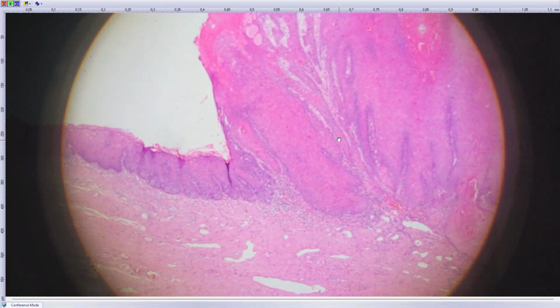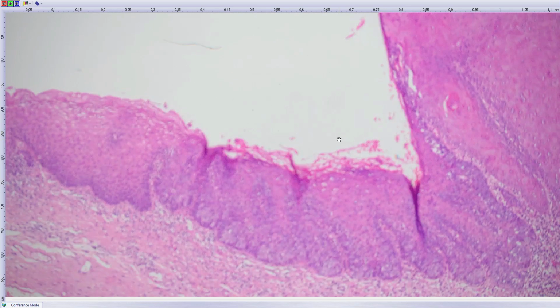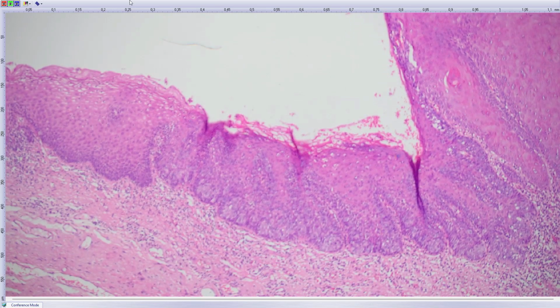Yeah, but it's not all. Let's look at this lesion again at the beginning. Yeah, there is something more. Look at it. What is this? Clear cell proliferation here.